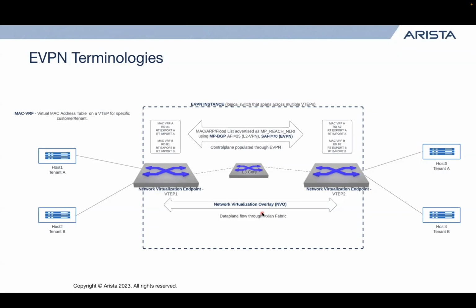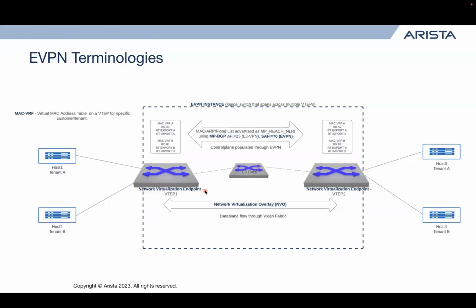While the control plane is taken care of by BGP EVPN, on the data plane side, we have the network virtualization overlay, which is the overlay network that provides layer 2 and layer 3 VPN services to the end customers or tenants. The NVO that we have here is a VxLAN fabric, and an alternate to that would be MPLS. Within the NVO, we have NVEs, or the network virtualization endpoints, that are responsible to encapsulate the traffic into the overlay network.